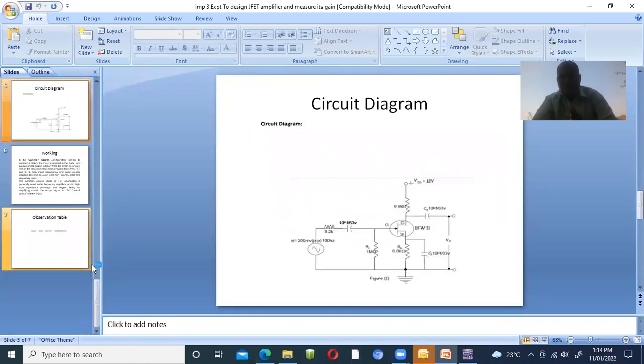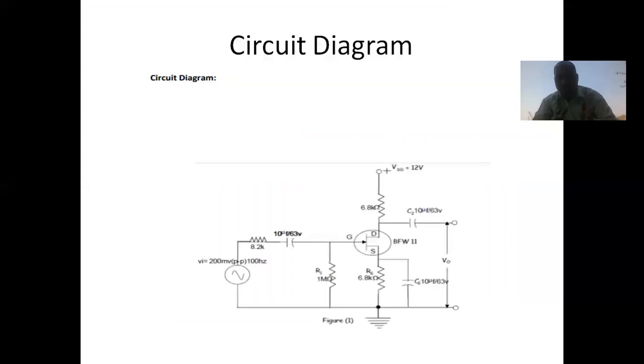Now this is the actual circuit diagram of a junction field effect transistor. Draw it. We have to simulate the practical on it. Draw the diagram.